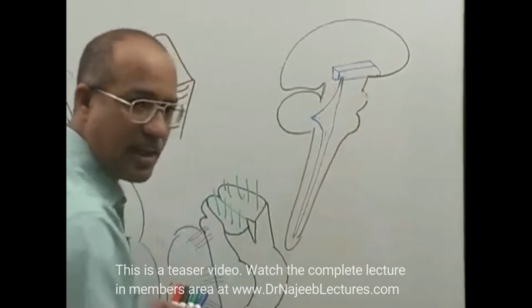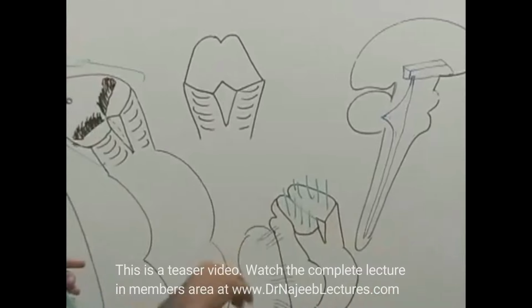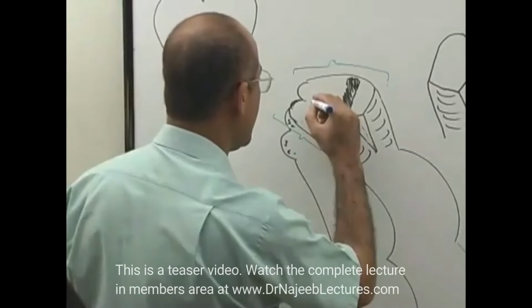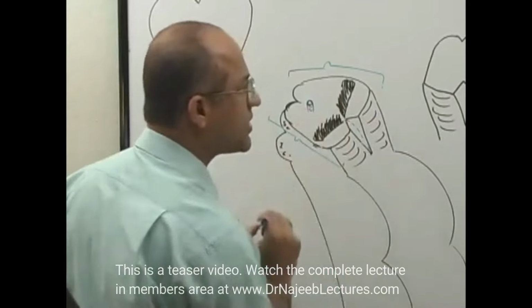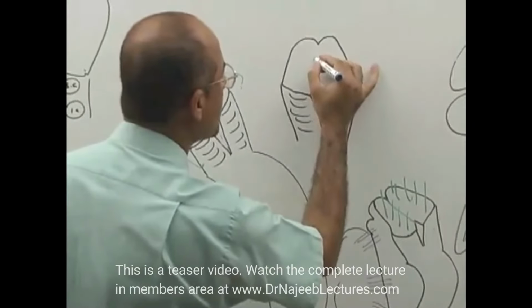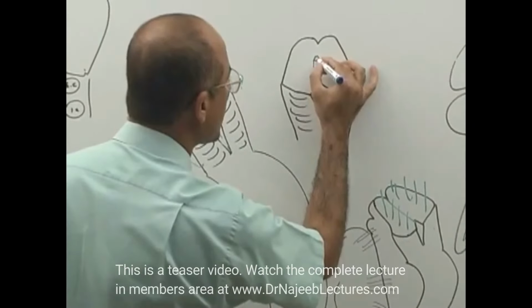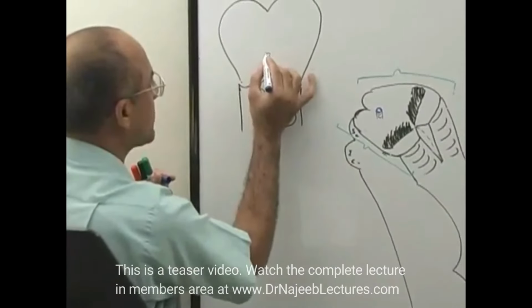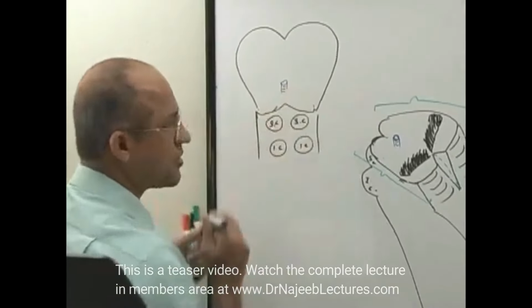Is that right? Any problem in this? So in this diagram, what is this CSF filled cavity? Cerebral aqueduct. And in this diagram, the cerebral aqueduct should be here, isn't it? And if this is from the back, the cerebral aqueduct should be here.